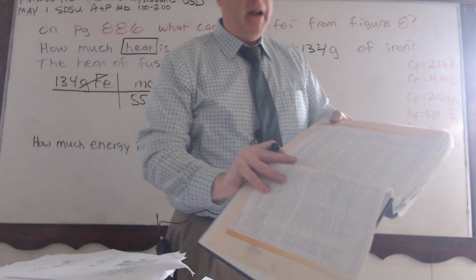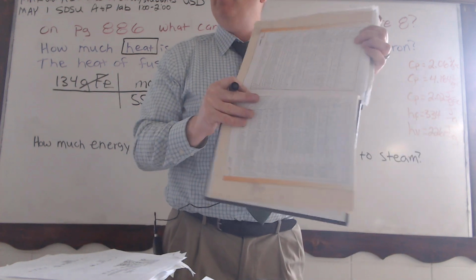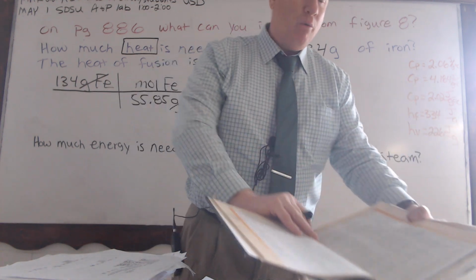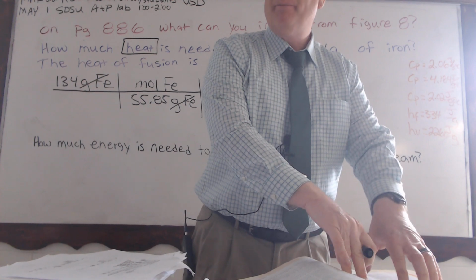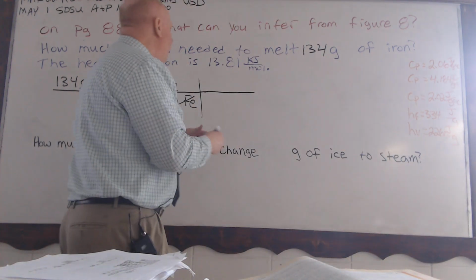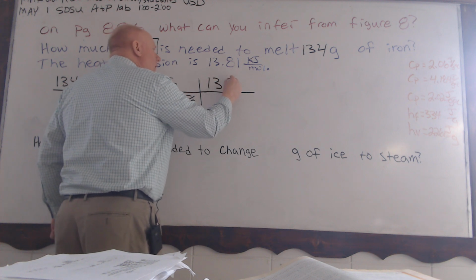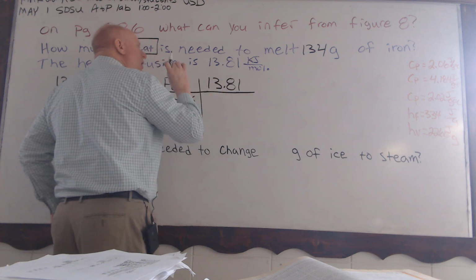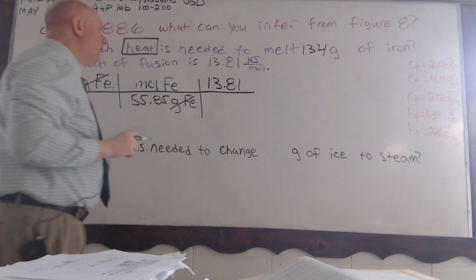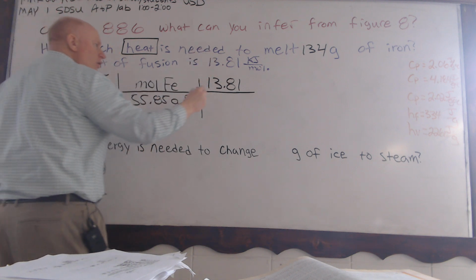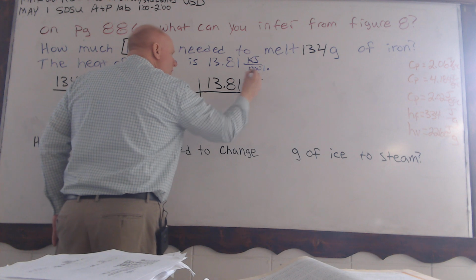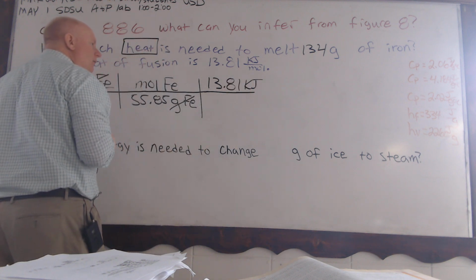So this comes from a table from a different author. This value of 13.81 comes off of this table. Okay, so 13.81 would go up here. And what's our label for this? It would be kilojoules for every what?